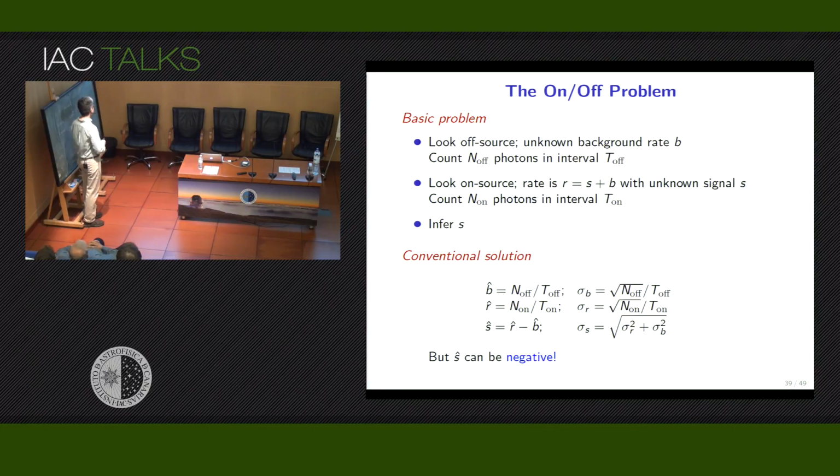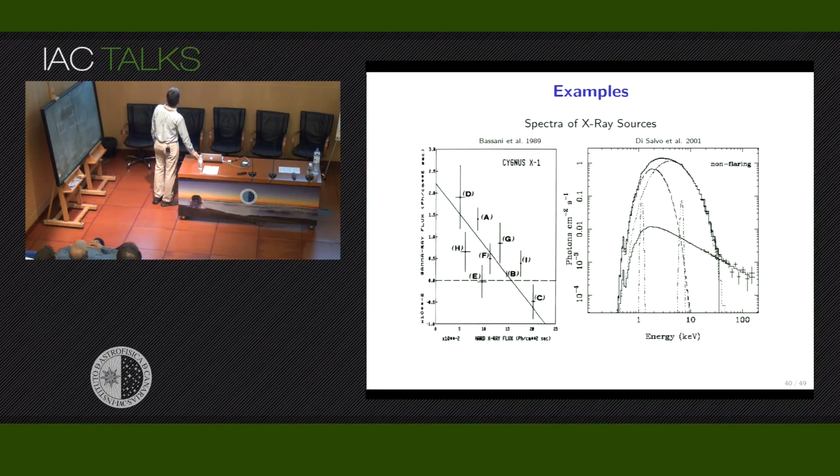This can sometimes be negative, and when you do propagation of errors, sometimes even the whole error bar ends up negative. So the week I did this, I just went to ApJ and looked for the first paper that had gamma ray in the title, and this is what I found. This is a plot of the gamma ray flux of Cygnus X-1 as a function of its X-ray flux, and these authors were trying to find what the correlation was between them.